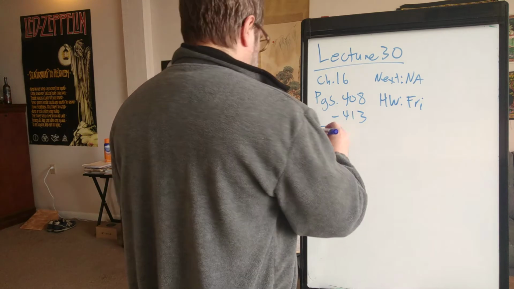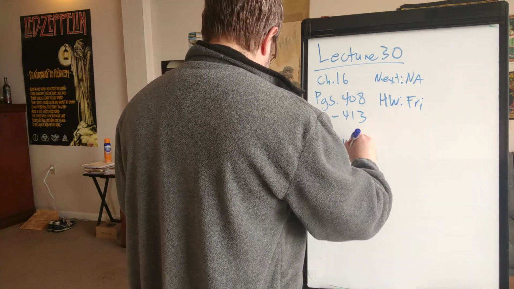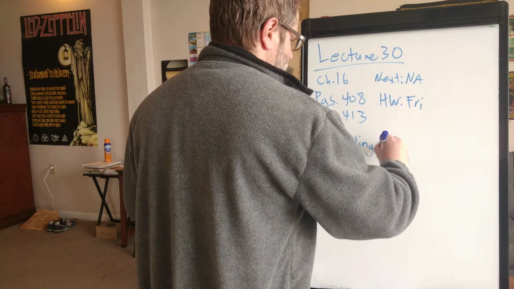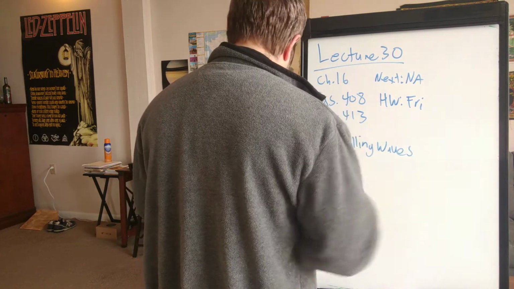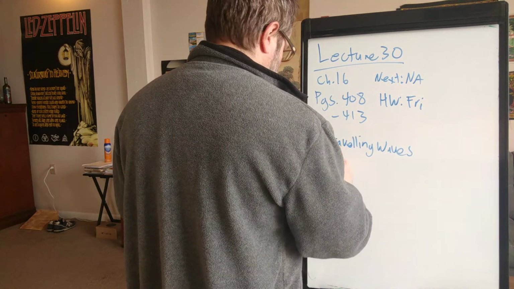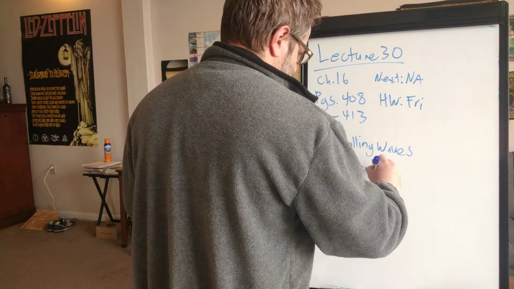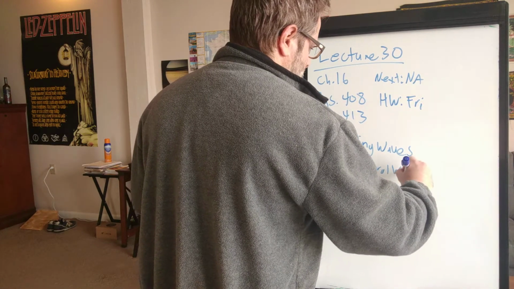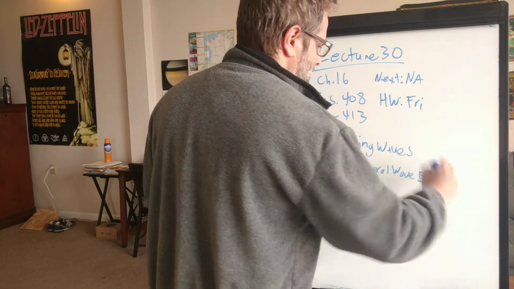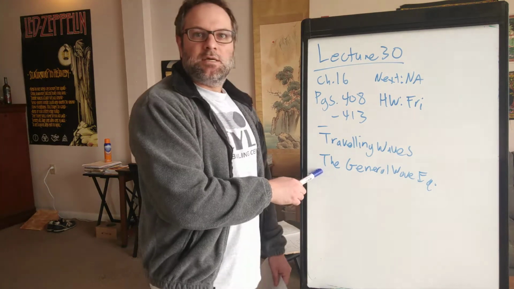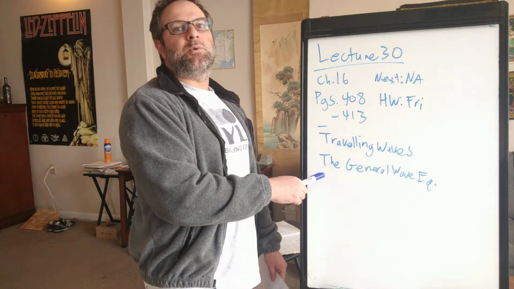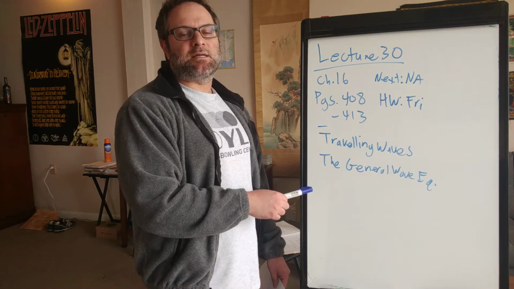So today, we're going to talk about traveling waves, the general wave equation. The general wave equation is one of the most ubiquitous things you'll see in science and engineering.